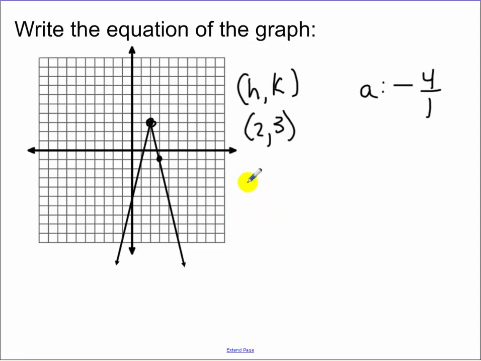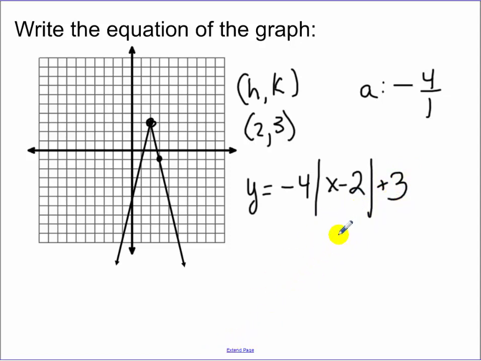So now it's just a matter of plugging in. y equals a times x plus 2. I apologize. I should have gone with my instincts. That's actually a minus 2, plus 3. What I did there is I did a quick check.